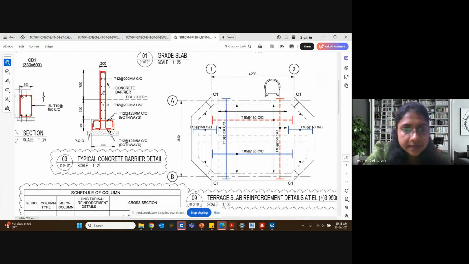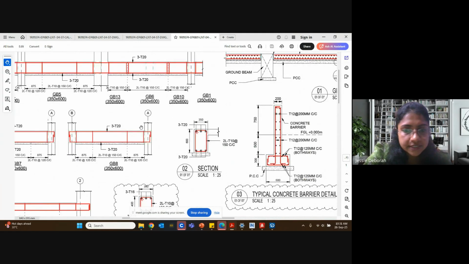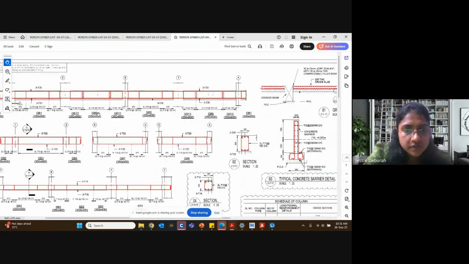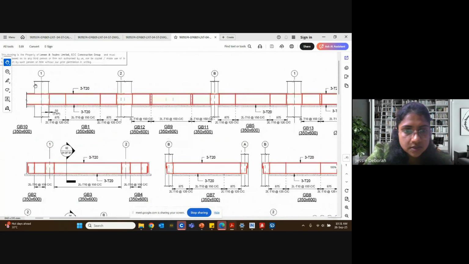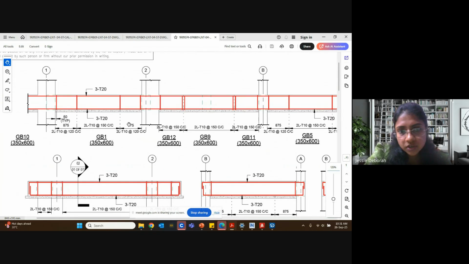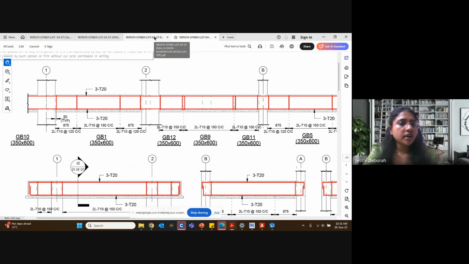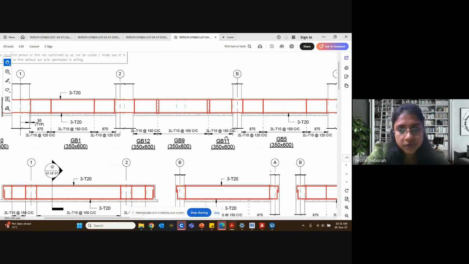We will tell them this concrete barrier detailer, we will generate drawings like this. Okay, this is exactly what you study in college. This software is based on your regular design and what the code says. Using that exactly, we use the software to model this.